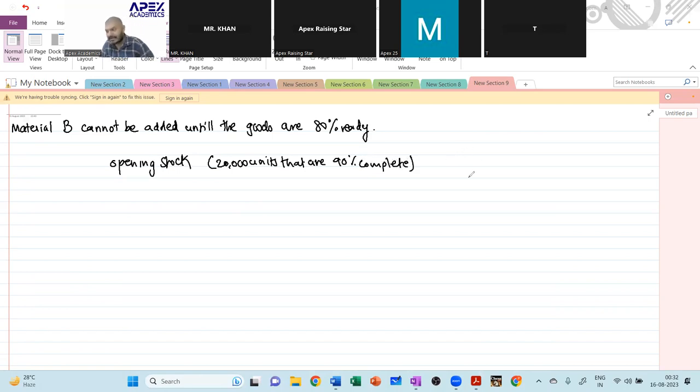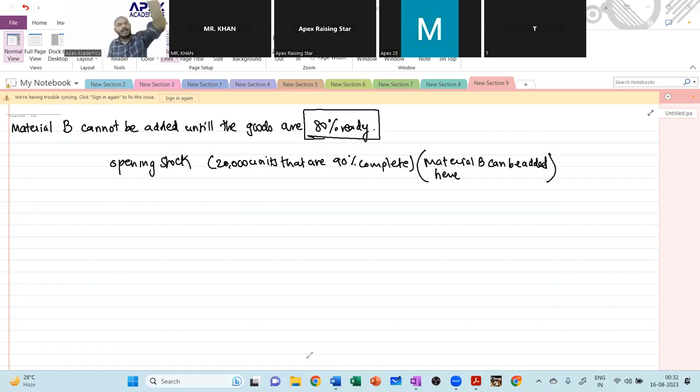Can I say that material B can be added to this? Why? Because your goods have to be 80% ready for the material B to be added. Agreed or disagreed? Please tell me that. Yes, sir. Material B can be added to the opening stock.